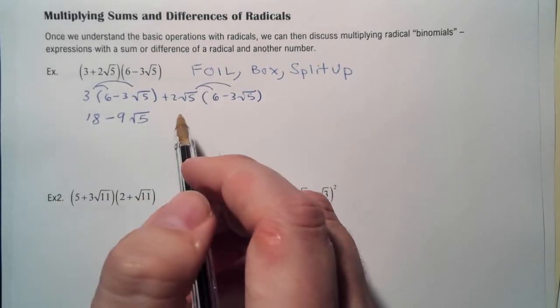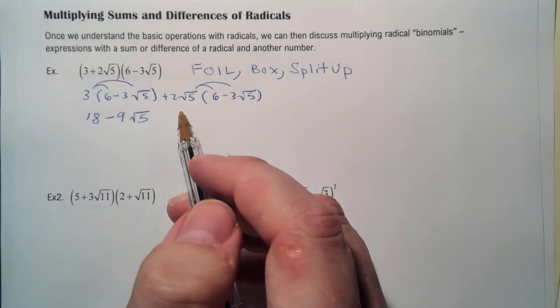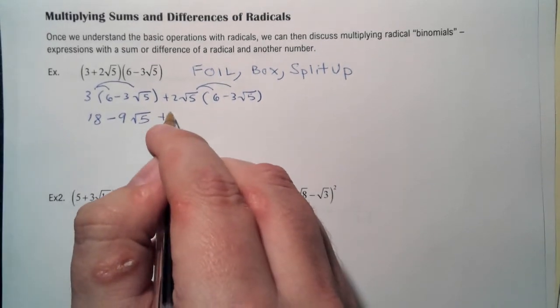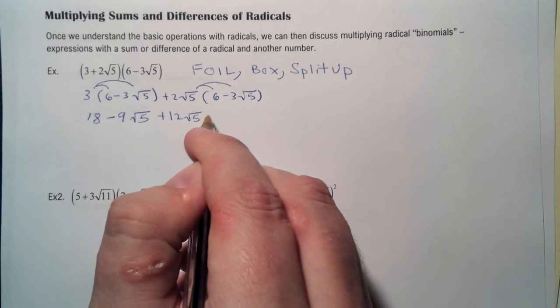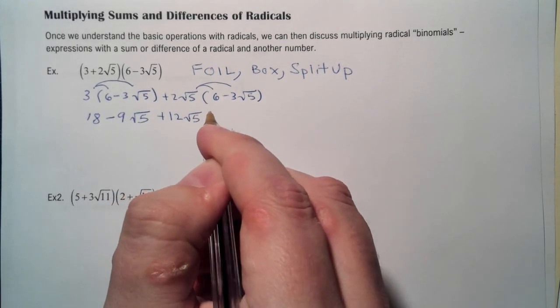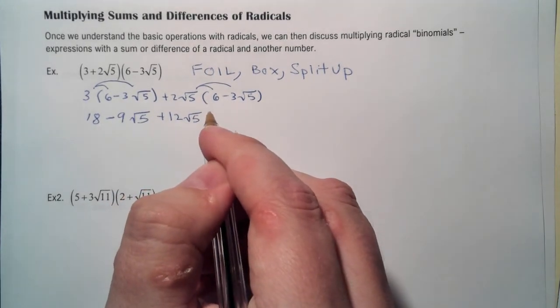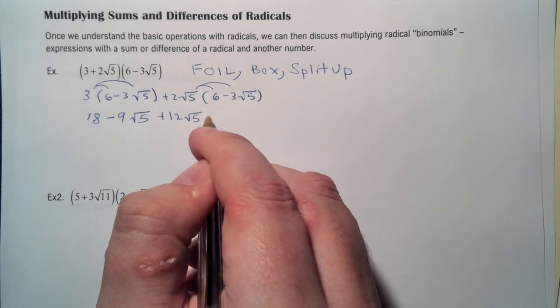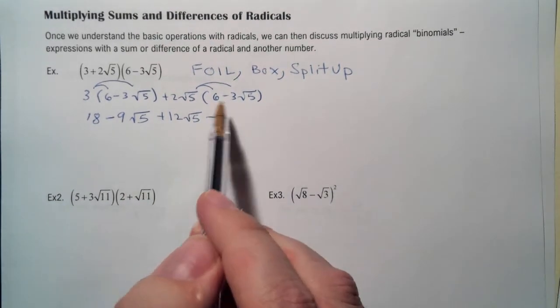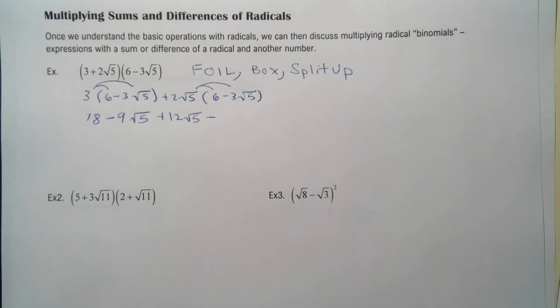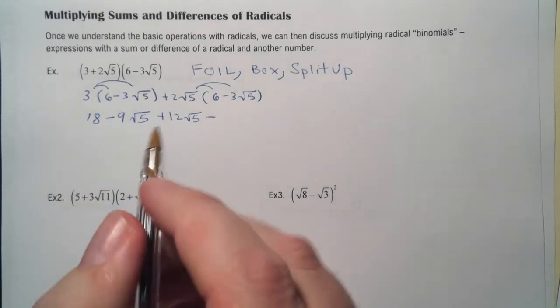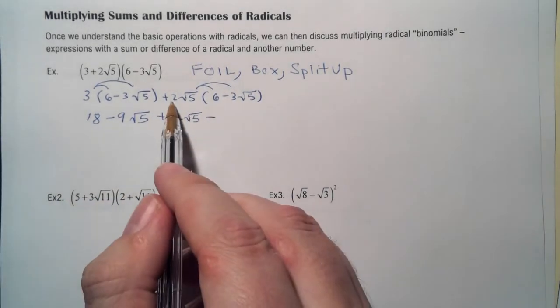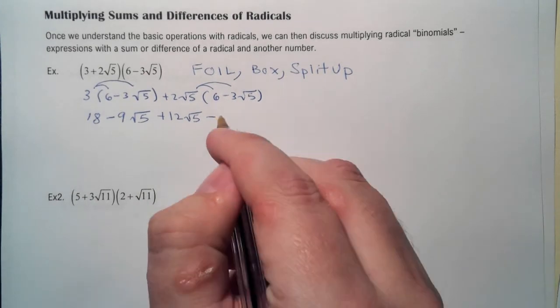I will multiply those like parts, if you will. So that's 12 square root 5. And then, what happens down here? When I go to multiply 2 square root 5 by 3 square root 5, well, I'm going to multiply the like parts together. 2 times 3 is 6.